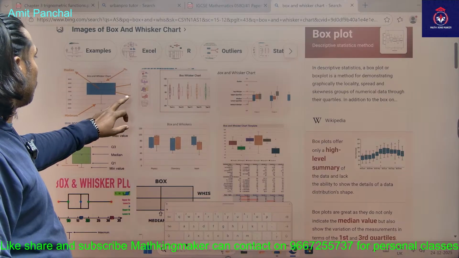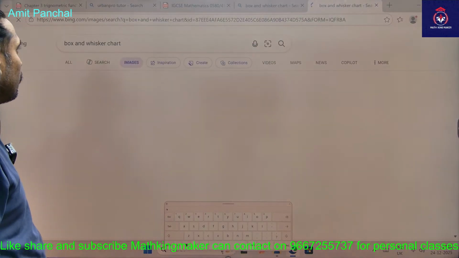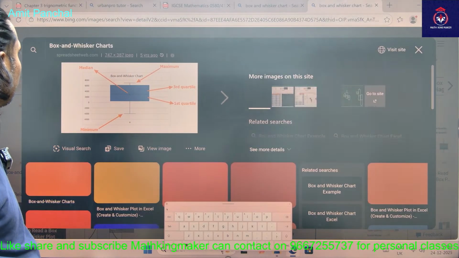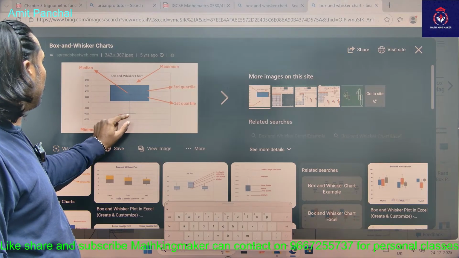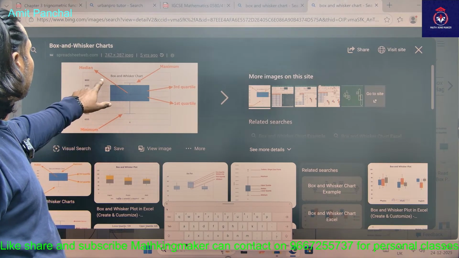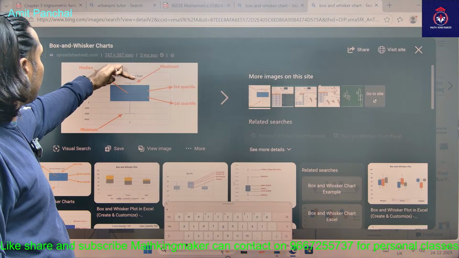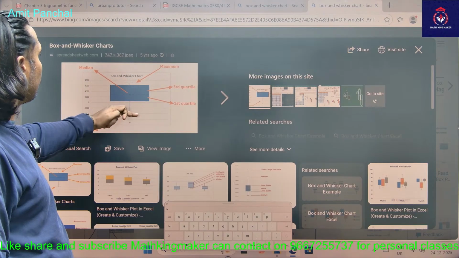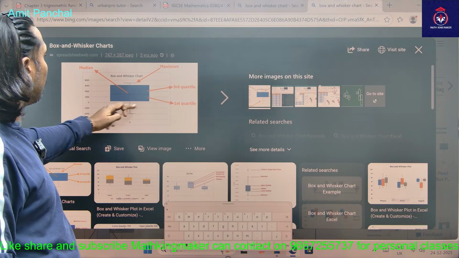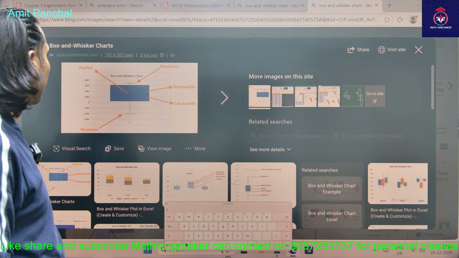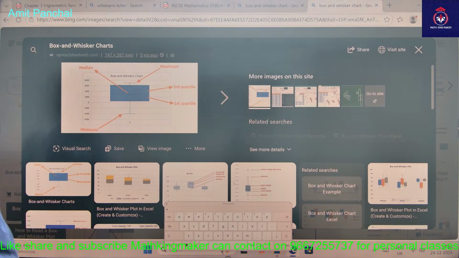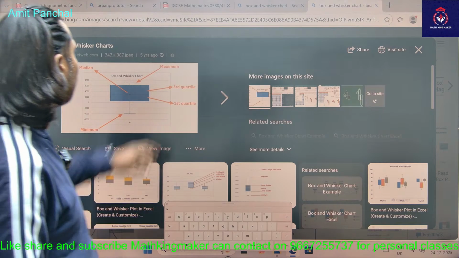So this is basically a box and whisker chart. So what is it showing? It is showing the minimum value here and the maximum value here. It is the maximum value. It is the minimum value, and it is the first quartile, and that is the third quartile. Okay. So in this chart you need to show it like this.